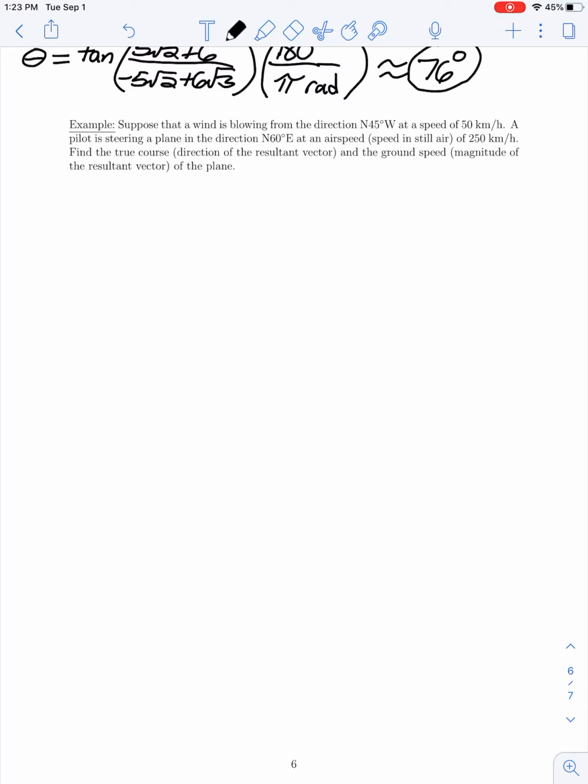And we're asked to find the true course, that is the direction of the resultant vector, and the ground speed, which would be the magnitude of the resultant vector of that plane.